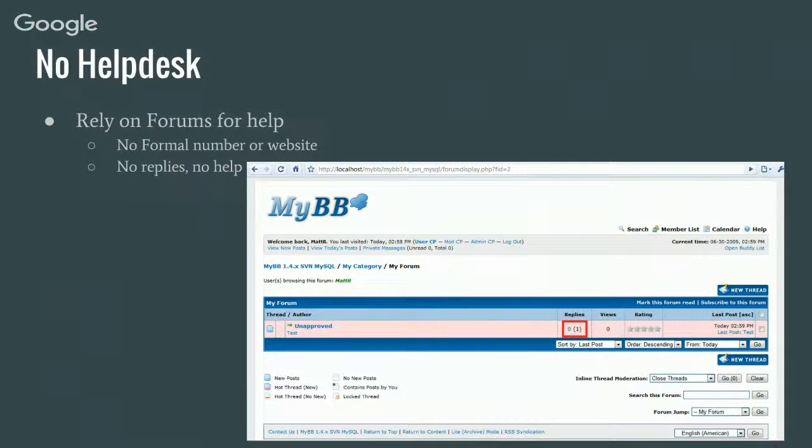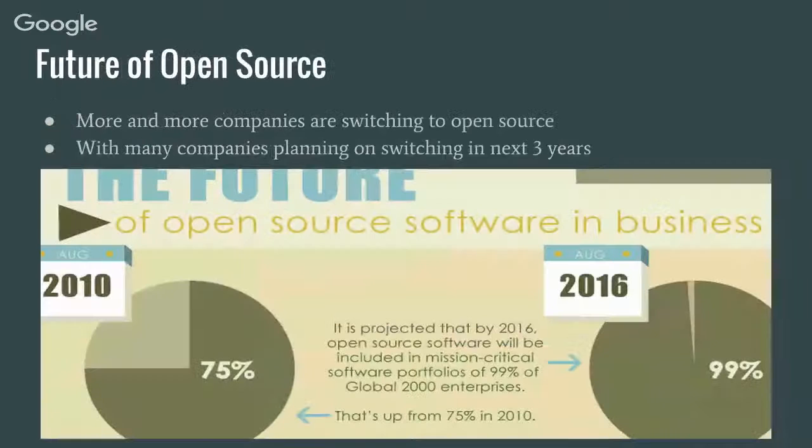And the no help desk, I said as a benefit, but it's also a bit of a drawback because sometimes no one will respond, and if no one responds, you're kind of out of luck. You get no replies, you don't get any help, so you may have to wait a few days or weeks, and that's just not good for your company, and that can be a really big drawback.